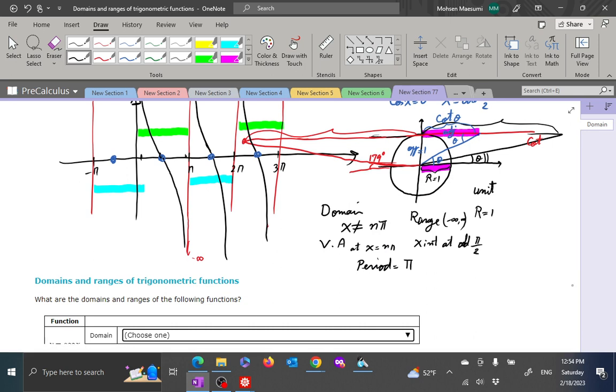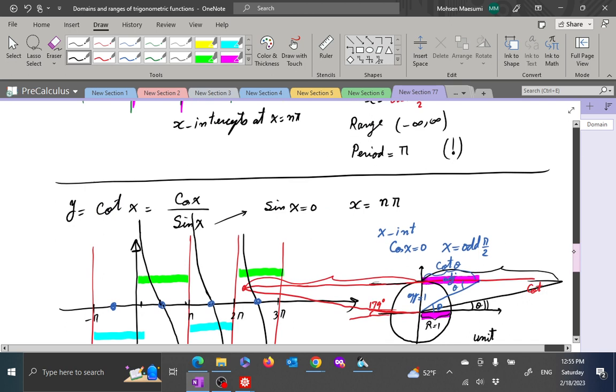Period is just pi. It repeats itself every pi.